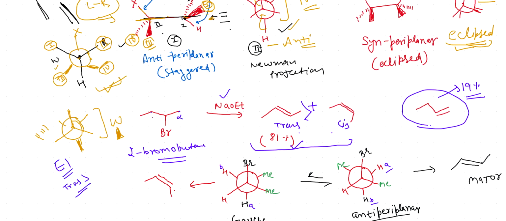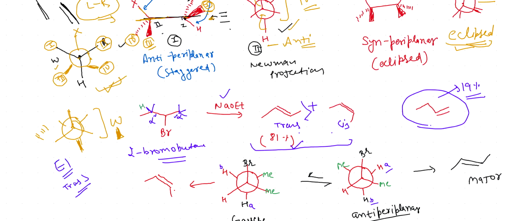Okay, so there is a possibility of removal of hydrogen from this carbon also and this carbon also. Clear? Okay. So you can designate them HA, HB.